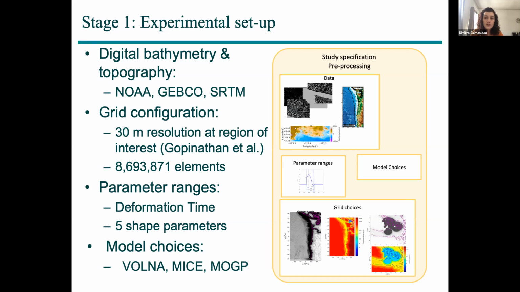Very small ranges, for example, might not capture well all the trends of what might happen. And another aspect finally to consider is the model choices. So for this case, we're using Volna. It's a nonlinear shallow water equation solver, which works well on unstructured grids. And for this reason, we can capture well the complex topography of the region. For the design, we're using mice, and for the statistical emulation, we're using MGP.